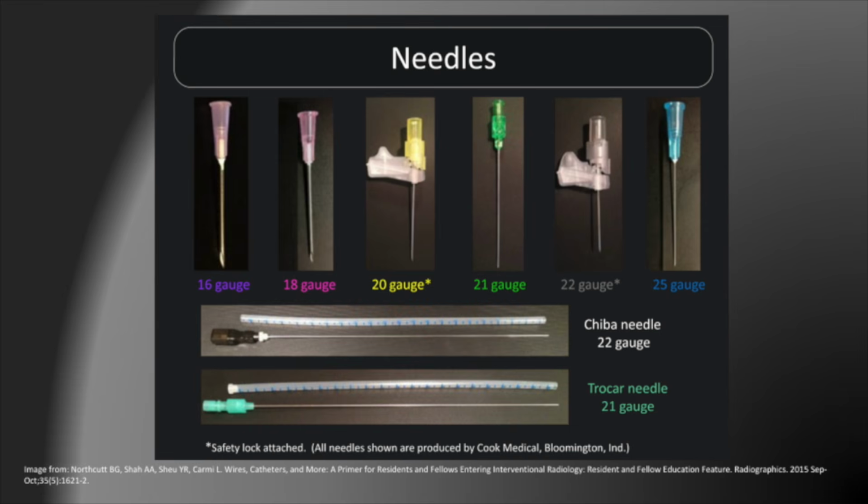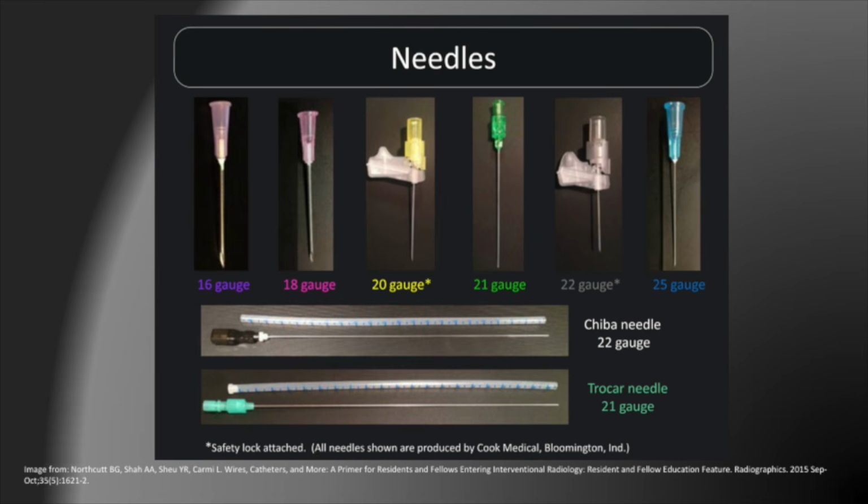This is a micropuncture needle, and this is the needle often used at the beginning of arterial procedures to gain access to the arterial system. An example would be a transarterial chemoembolization. All the way to the right is a blue hubbed needle, and this is a 25 gauge needle. It has a very small diameter because it's 25 gauge and is often used to inject lidocaine because it does not cause a lot of pain.